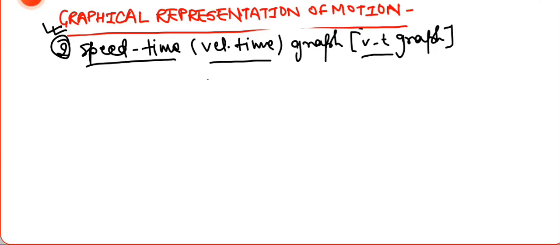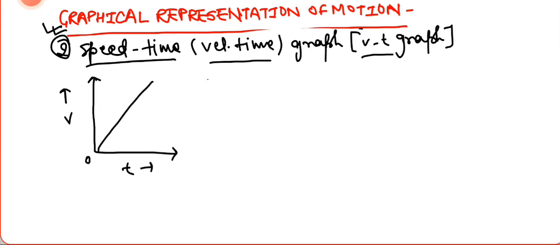Now students, in the other case of the velocity-time or VT graph, let us consider this is the origin, this is the time axis, the horizontal axis, and this is the velocity axis, the vertical axis. Let us consider that from the motion of the object we have got a straight line from the origin.